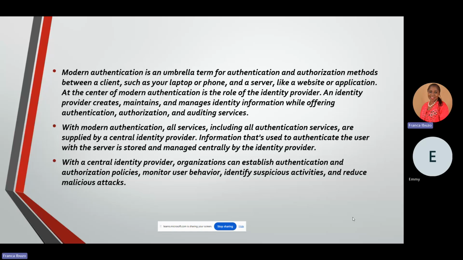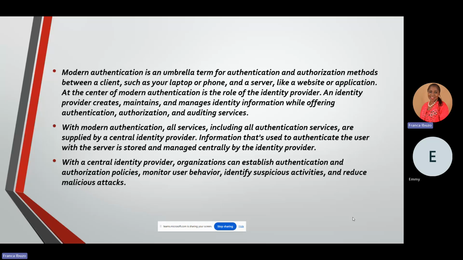Just remember that it creates, maintains, and manages identity information. So all the identity information, that's what the IDP creates, maintains and manages, while offering authentication, authorization, and auditing services.